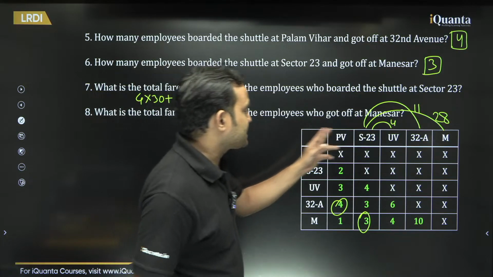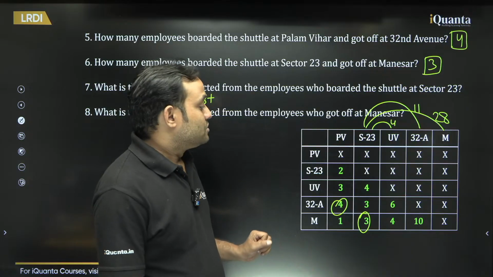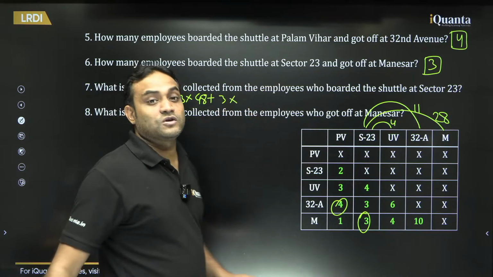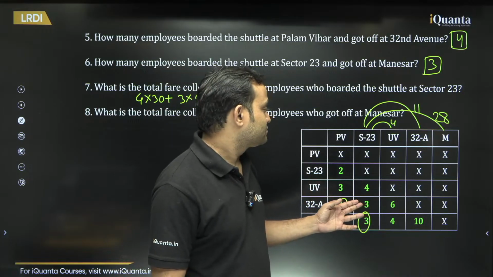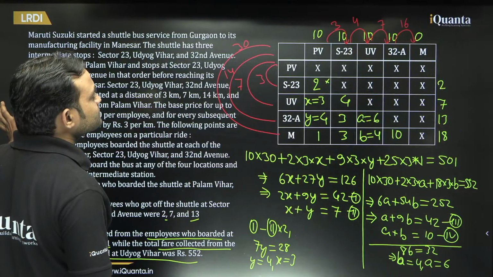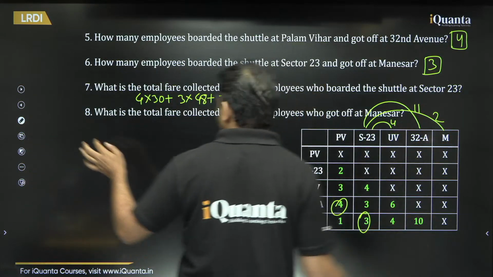Now in this case, sector 23 to Manesar, the distance is 28 kilometers. And how many employees are there? 3. 3 into, what is the cost of 28 kilometers? I guess something is wrong. This is 3, so this should be 27, not 28.